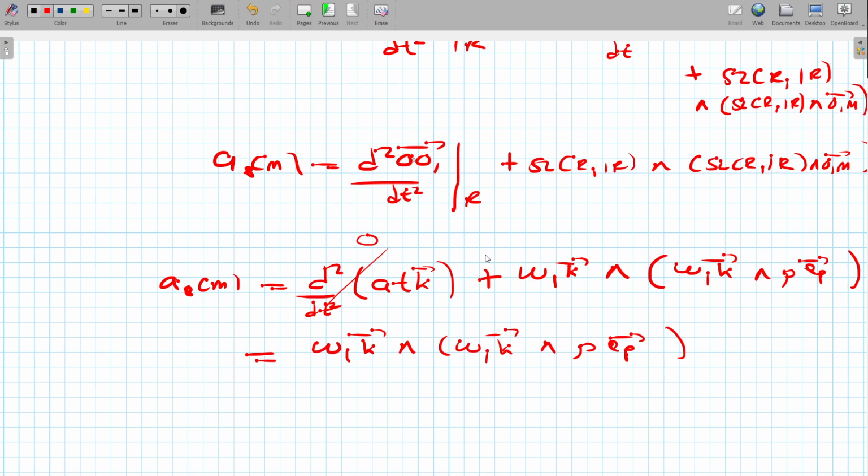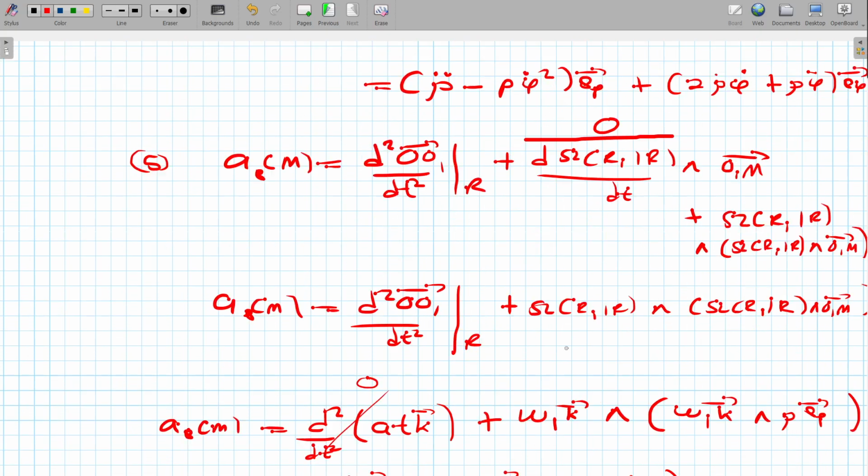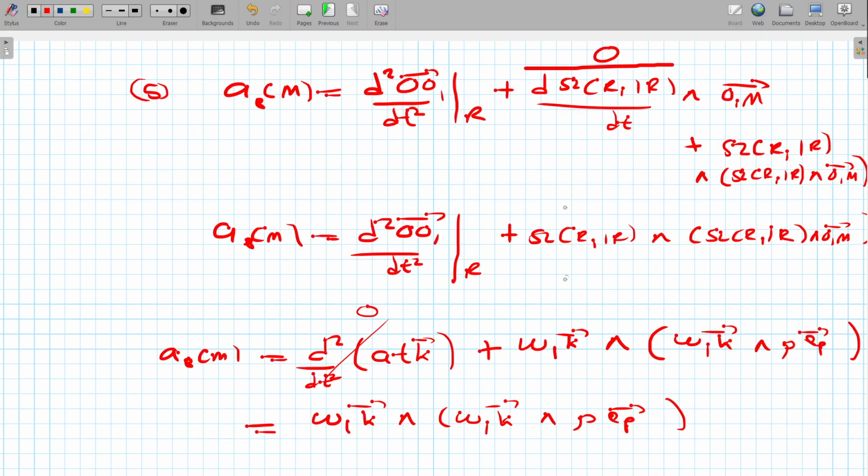Right, let me just double check to see if there's any mistake, because this formula is very long and it's easy to make mistakes. Have I left out anything?